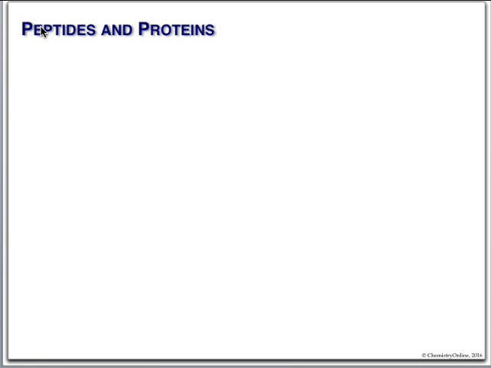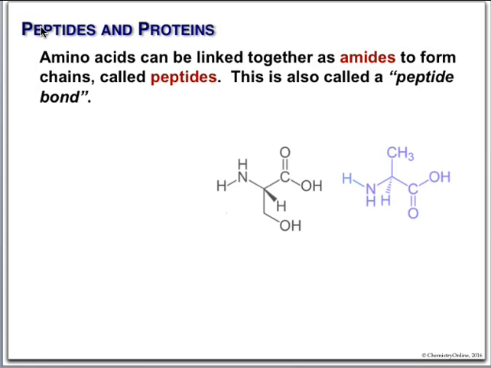So let's look at what we remember here. These are 2 amino acids. This is the amino group. That's an acidic group, the acid, amino acid. Over here, amino acid.